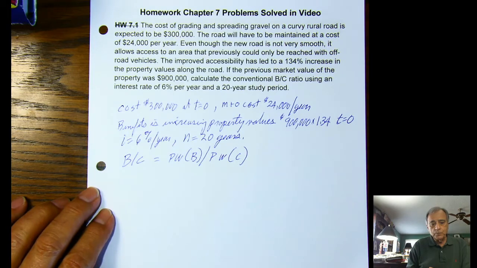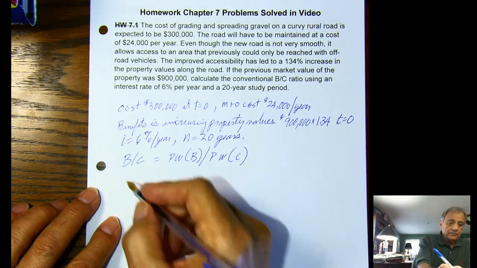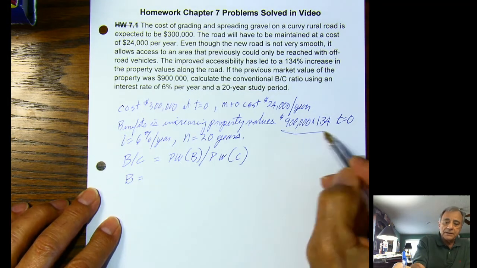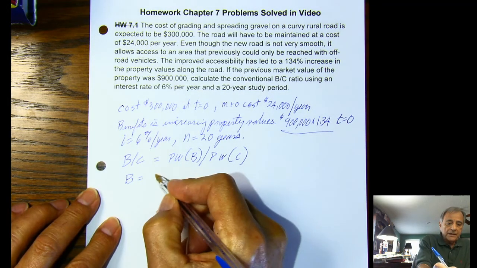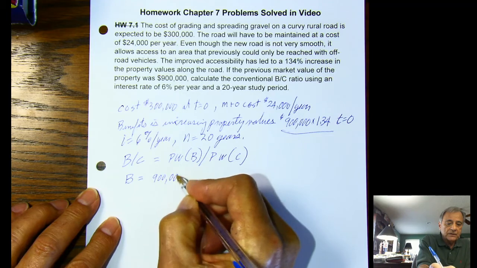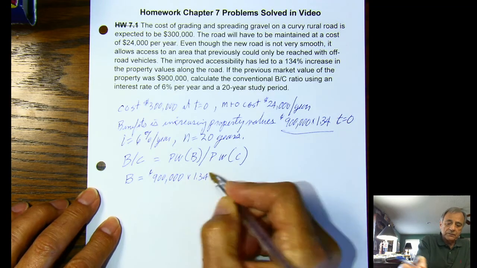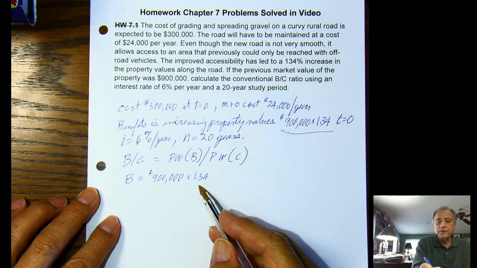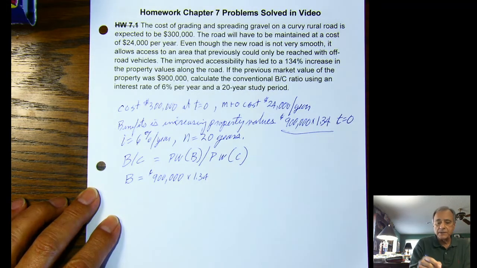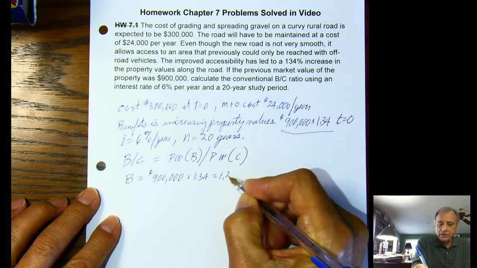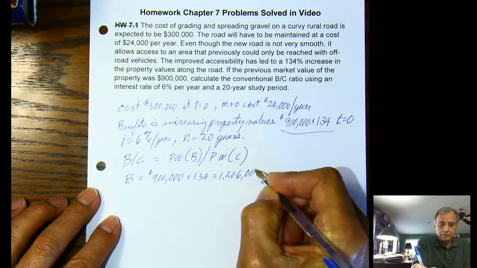So the benefits, B, is basically this, $900,000 times 1.34. We got that from the 134% increase. So that will be $1,206,000.